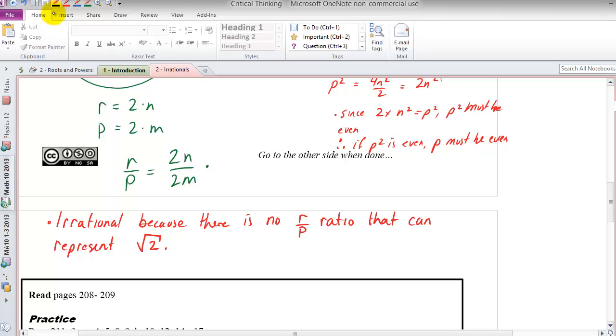There are some other things we can say about irrational numbers. Irrational numbers do not repeat.